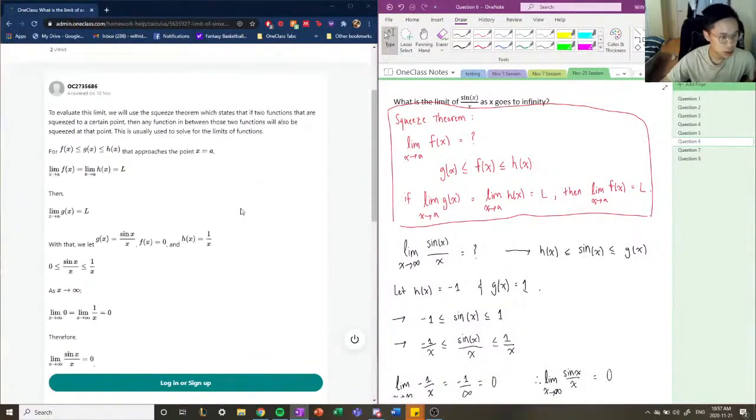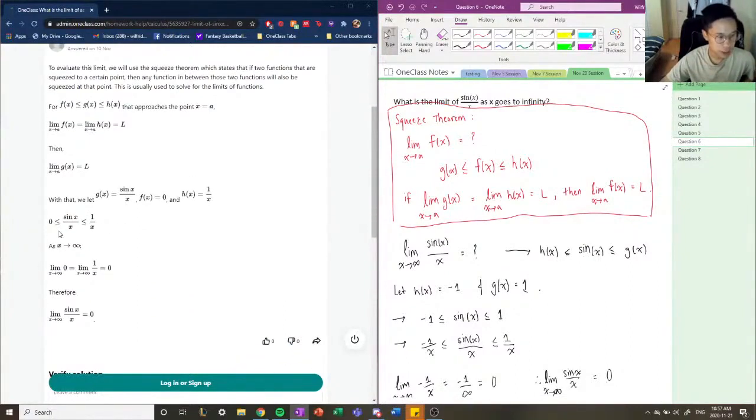The junior tutor, when they set up their bounds for the squeeze theorem, said that sine x over x will always be greater or equal to 0. I have a problem with this because I don't think these are the correct bounds.